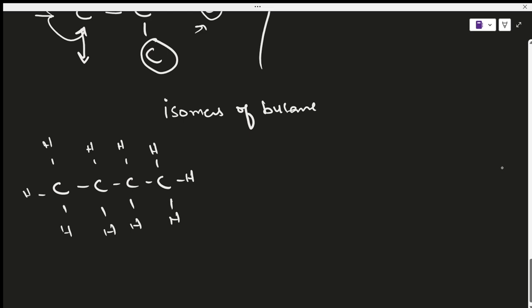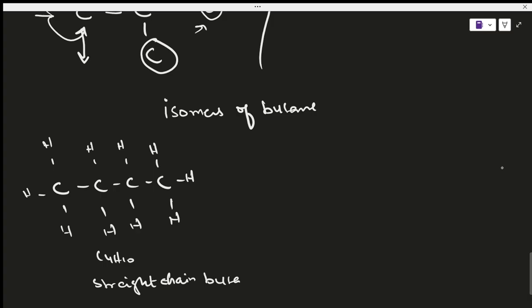What do we call this? We call this C4H10 straight chain butane, right? And the other one, the second isomer, looks something like this.